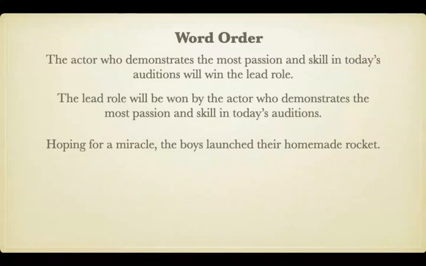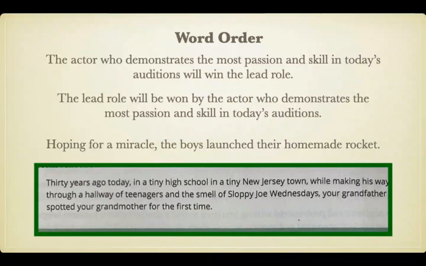This technique is often used in fictional narratives or personal reflections, much like we see here. 30 years ago today, in a tiny high school in a tiny New Jersey town, while making his way through a hallway of teenagers and the smell of sloppy Joe Wednesdays, your grandfather spotted your grandmother for the first time.